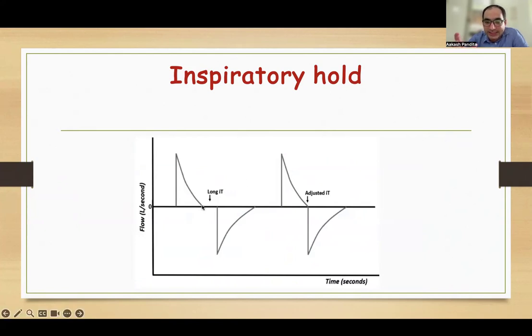But because the TI is long, the lung has to be expanded with that extra pressure for that extra time, which is actually not helping our ventilation. But just because we have set a long TI, the lung is expanded, and so we are giving barotrauma to the lung. So this is a zone of zero flow. So again, this tells us that the TI is very high, so we need to come down on TI. Once we adjust it, it becomes normal again.